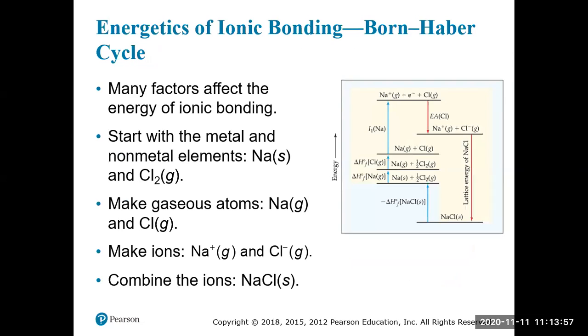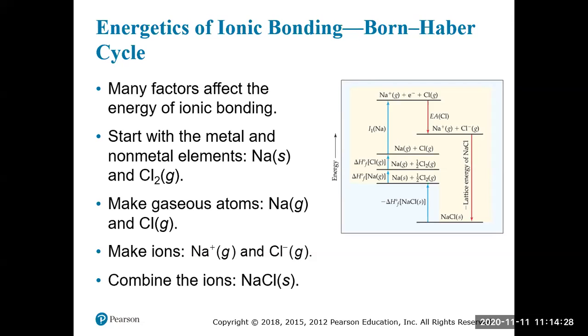So let's talk about some of the energy involved in ionic bonding, something called the Born-Haber cycle. There are a lot of factors that affect the total energy in ionic bonding. If we use sodium chloride as an example, we start with solid sodium and chlorine gas, and we first have to make the gaseous atoms.